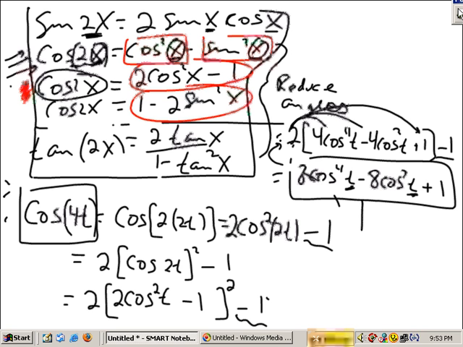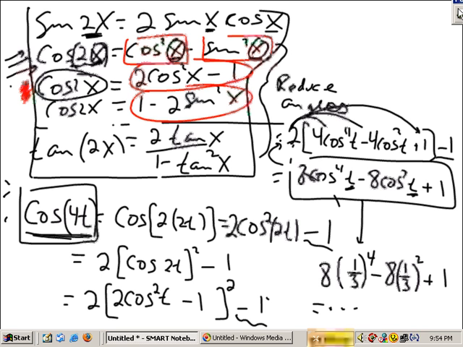That is, this would become 8 times a third to the 4th minus 8 times cosine t squared plus 1. I'll leave the arithmetic to you. But as I told you, find cosine of 4t. If cosine of t is equal to a third, this is what I would do. I would get this formula right here.